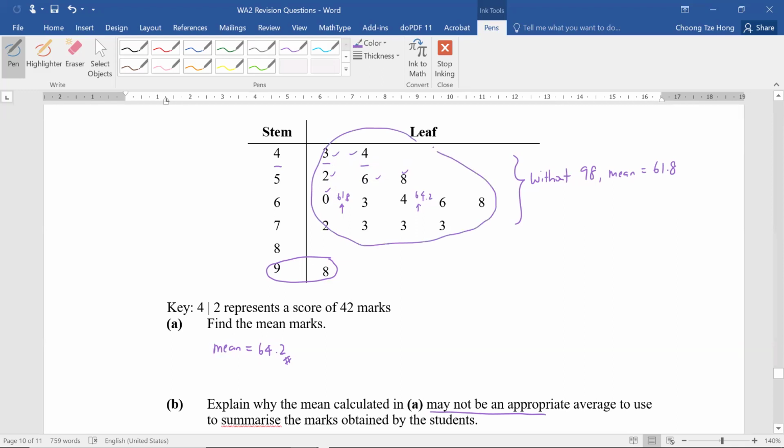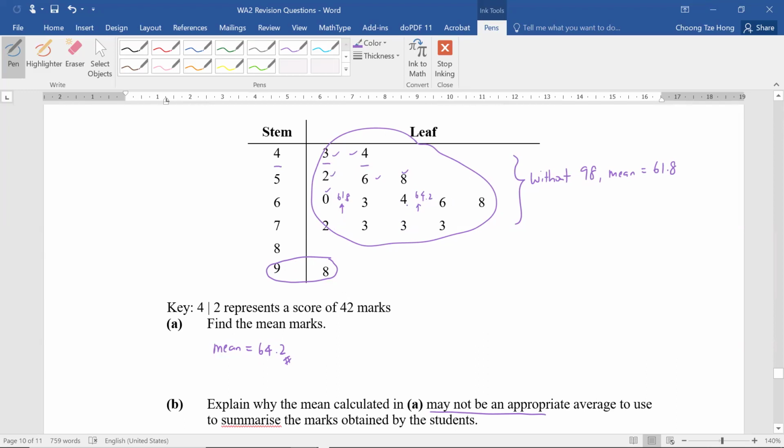It's only that one particular student who performed exceptionally well in that test. He may have had some special preparation such that he was able to do much better than the rest. But he doesn't represent the rest, and including him in the data to calculate the mean will cause the representation of the center value to be less representative of the data set.